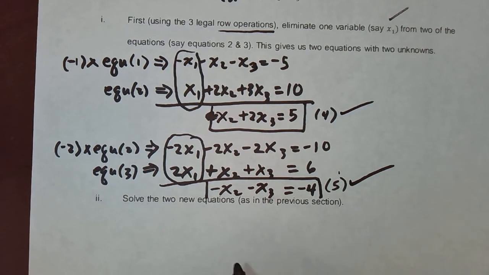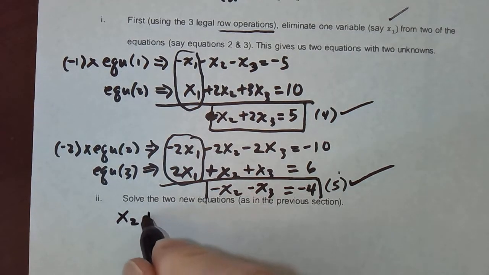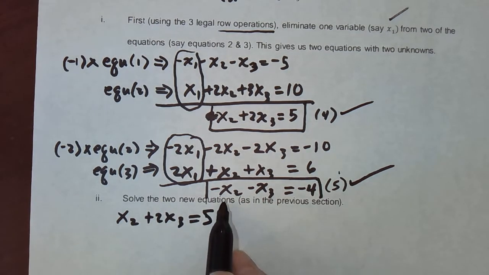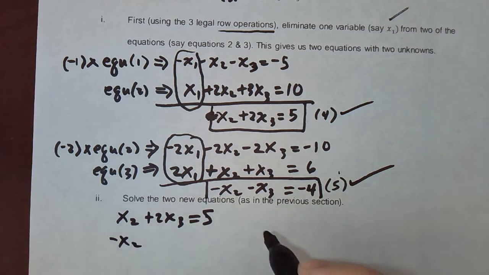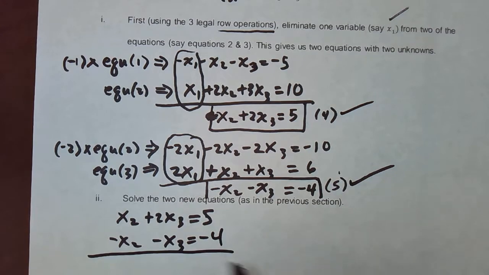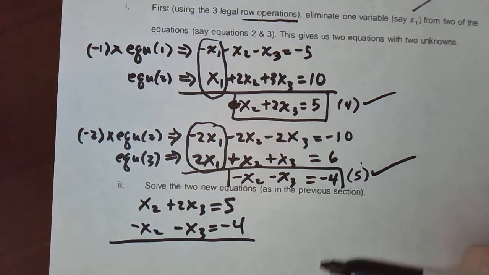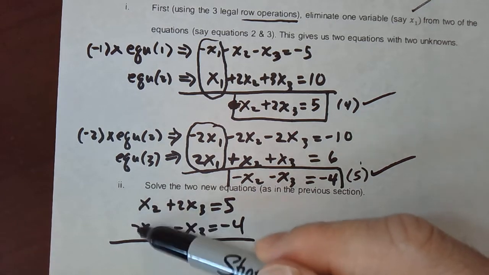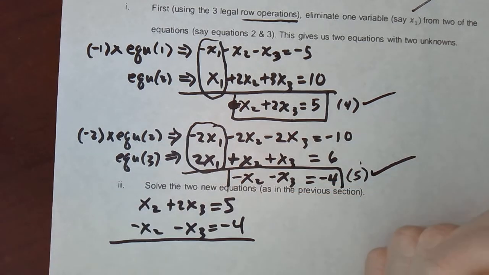So let's see what we've got. Oh, this will be very simple. x2 plus 2x3 equals 5. And underneath it, I'll write negative x2 minus x3 equals negative 4. I don't have to do much work with this one. We were fortunate that the coefficients of the x2s are opposite signs, a 1 and a negative 1.